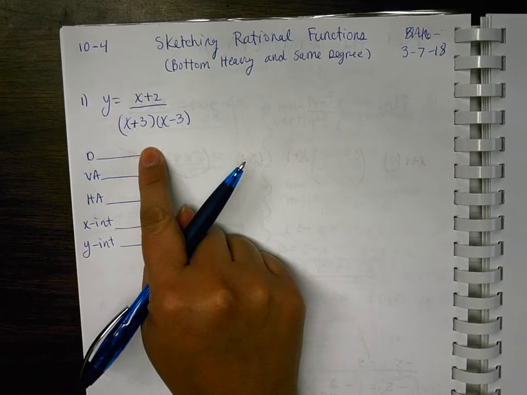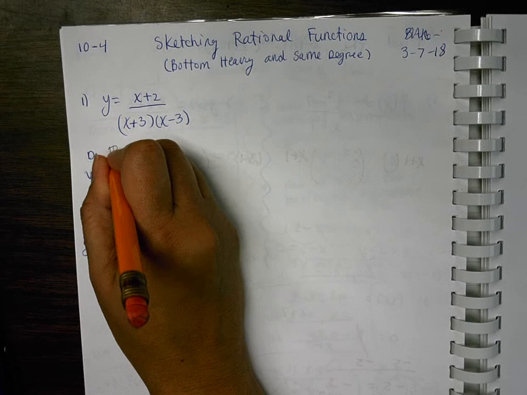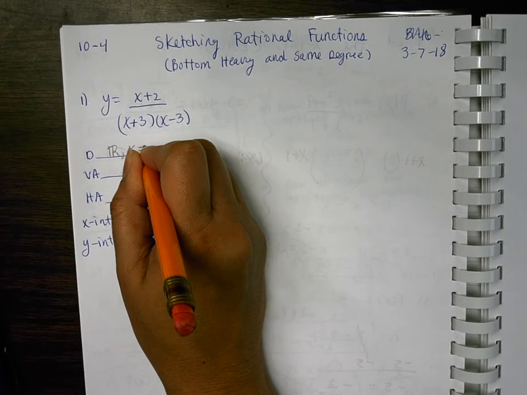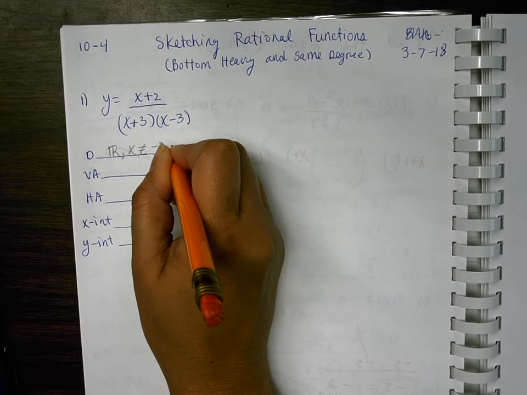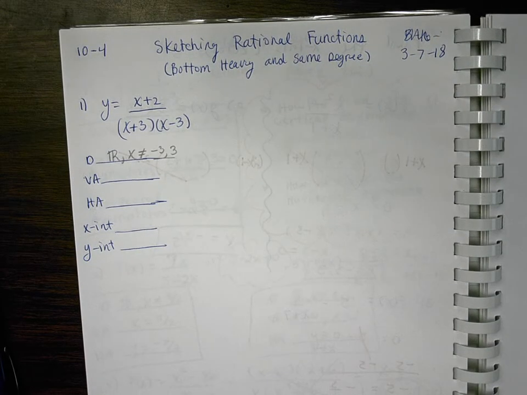Okay. Domain. What makes the bottom 0? That's 3. x cannot equal, I heard -3 or 3. If you put plus or minus 3, is that okay? Yes. All right. Vertical asymptotes. Oh, is there any reducing to do?